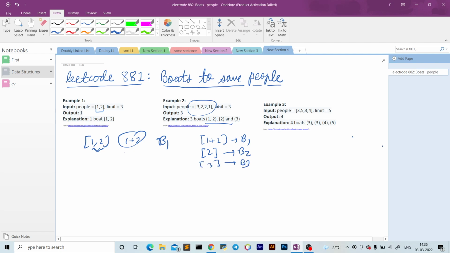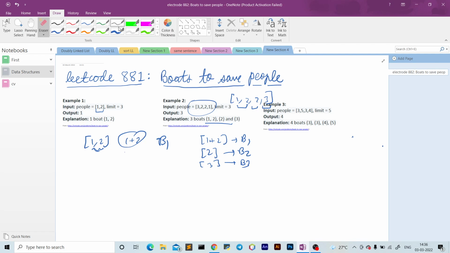Now we can be tricked by this explanation into thinking that we can sort these elements and then take the indexes like this, these two fit in boat 1 and then this one in boat 2.